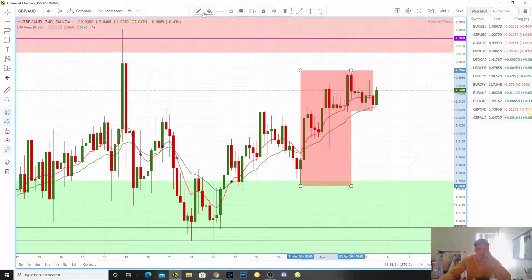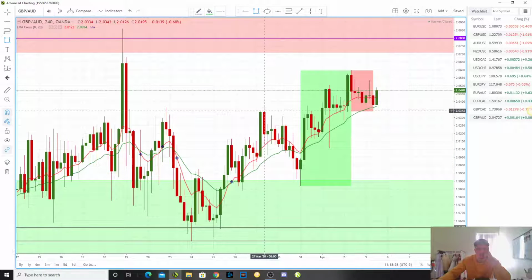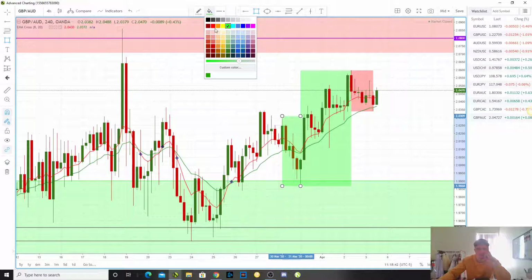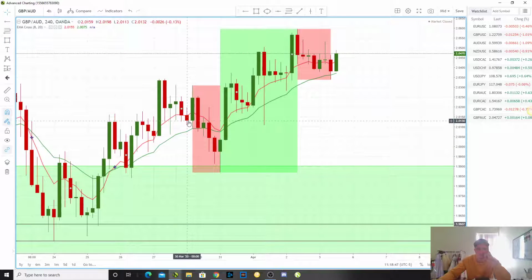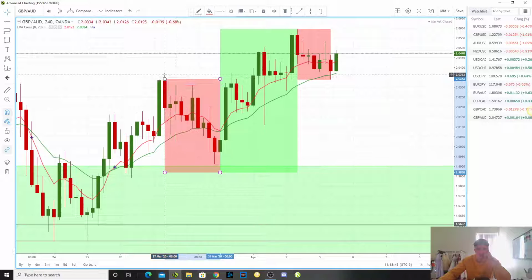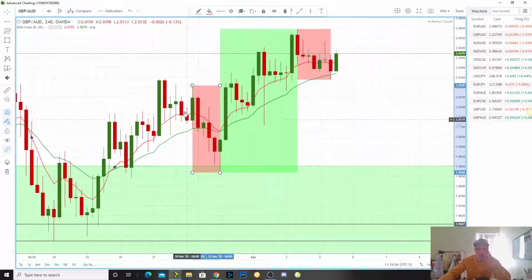God, this has been really annoying. Oh, so it goes down there. So even though this stopped above, there's not a close below really until here, but we can't draw another line because there's no close below.